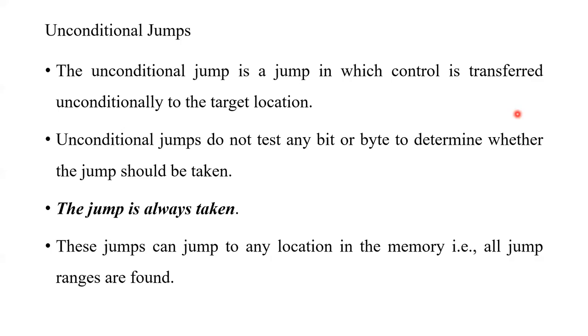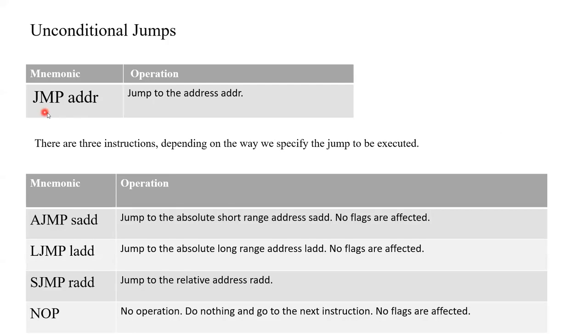That is what you mean by unconditional jump. These jumps can jump to any location in memory. All jump ranges are found here: relative range, short absolute range, and long absolute range.